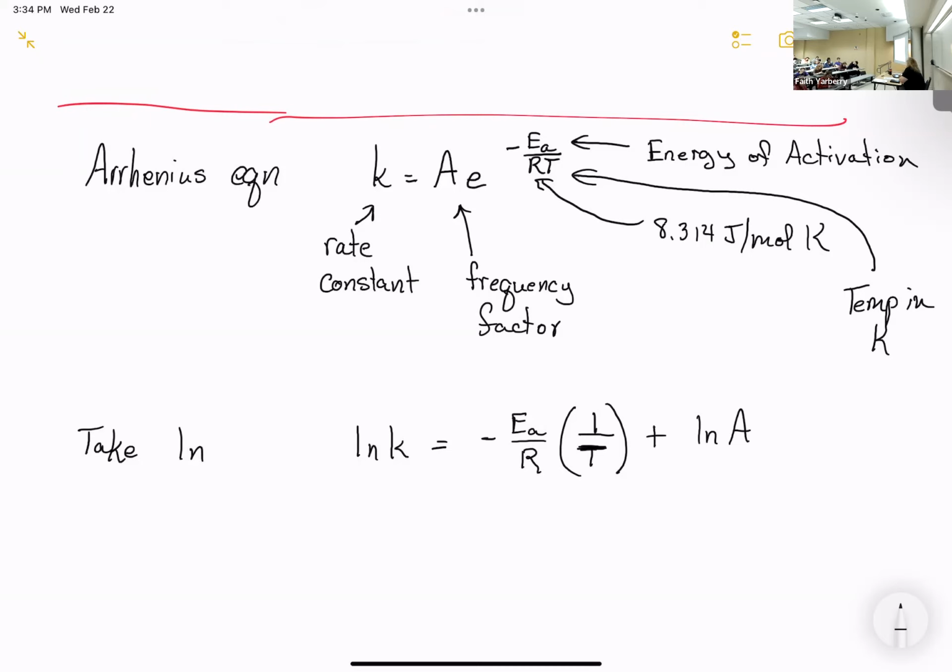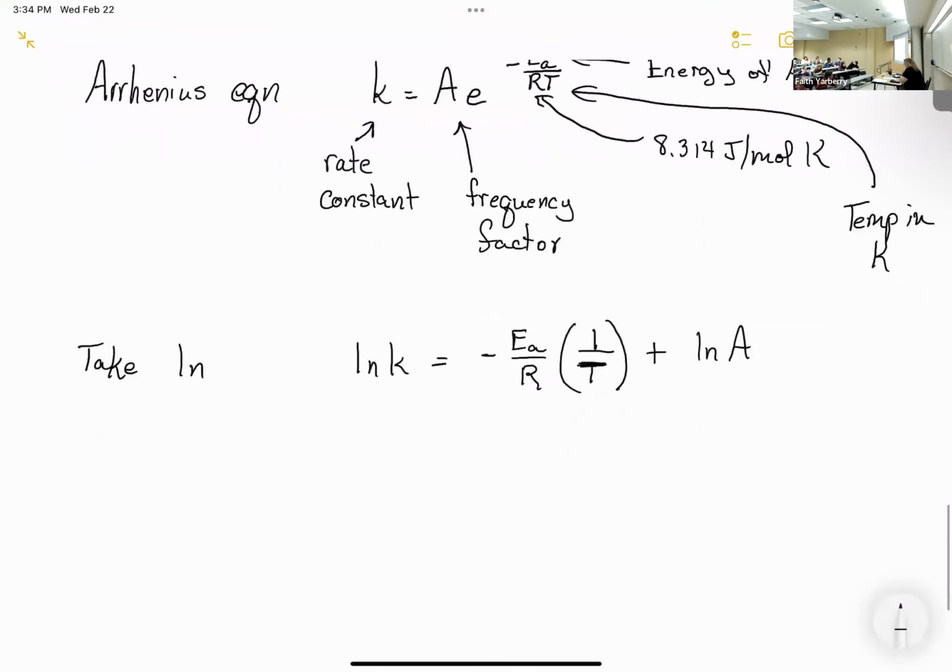Now, if you have a graph, you can use that graph, because you have y equals mx plus b.